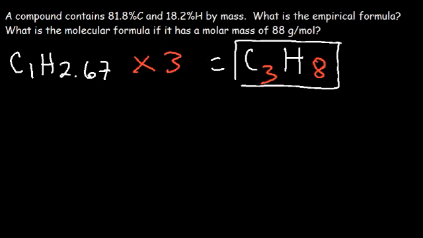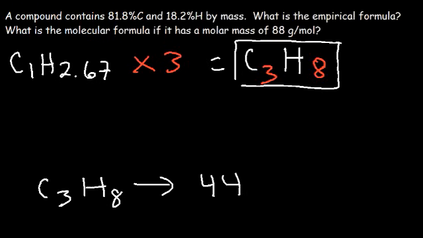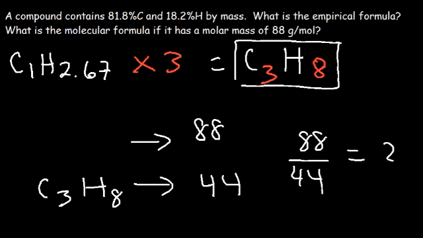Now that we have the empirical formula, let us find the molecular formula. So first, find the molar mass of the empirical formula. So it's 3 times 12 plus the 8 hydrogens. So the molar mass is 44. Now the molar mass for the molecular formula is 88. If we divide 88 by 44, we're going to get 2.